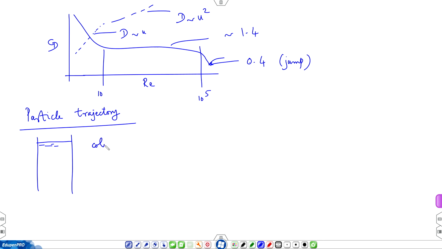This is a column of oil and you introduce a spherical particle which starts to move under its own weight. Small particle starts to move under its own weight, and you want to find out how it is going to accelerate, what essentially is its movement in that column of liquid.